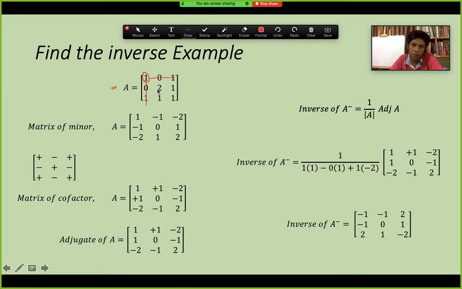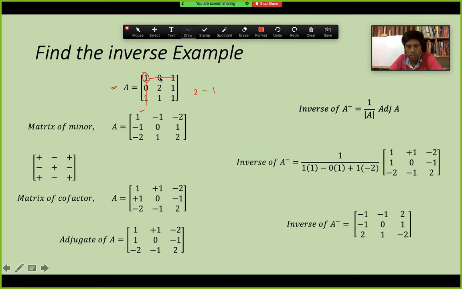So we have 2, 1, 1, 1. From this 2, 1, 1, 1, if we take the determinant, 2 into 1 means 2, 1 into 1 means 1. That means 2 minus 1. 2 minus 1 means 1.